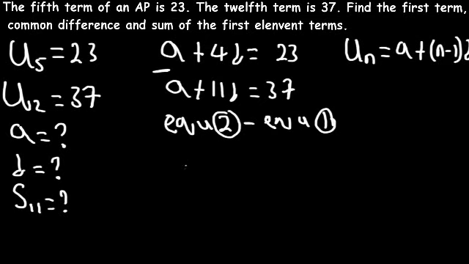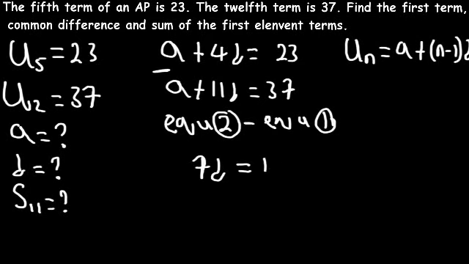Alright, fine. Now a minus a becomes 0, and 11d minus 4d should be 7d. If I'm not mistaken, 7d equals 37 minus 23. 37 minus 23, so that's 14.